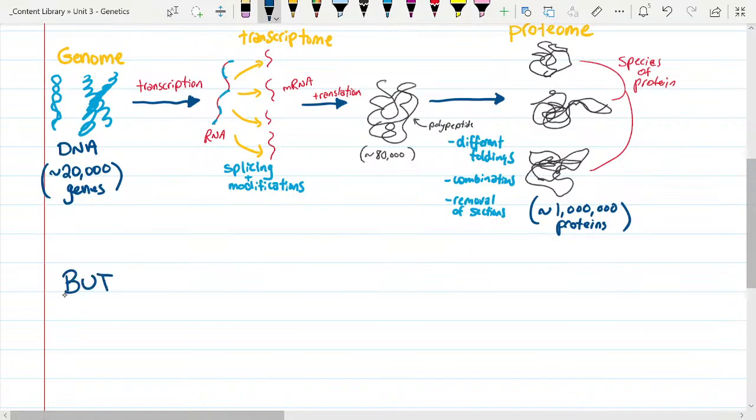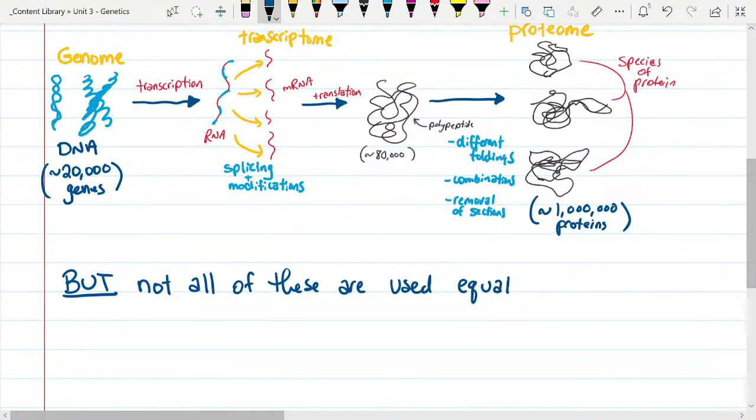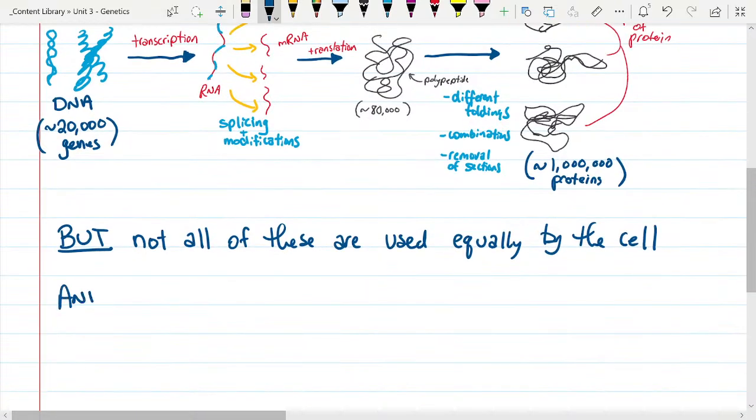But not all of these are used equally. And I'll remind you that you should never start a sentence with a conjunction, but here we are. And I don't care.